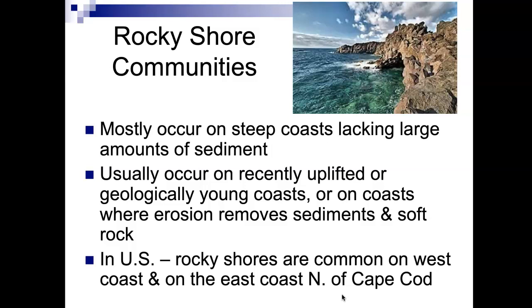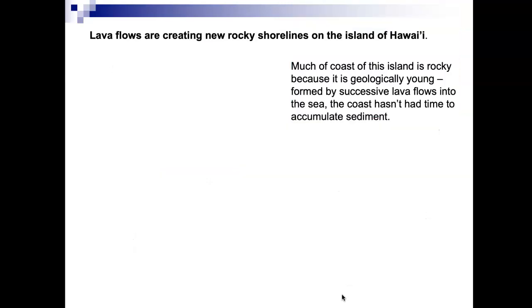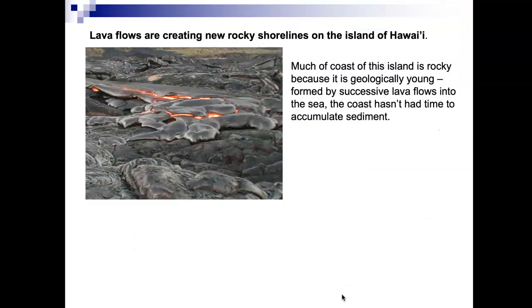But most of the East Coast is going to have more sediment, soft bottom type communities because it is a passive margin. And of course, when you have areas that are geologically young, you're going to have rocky shorelines.